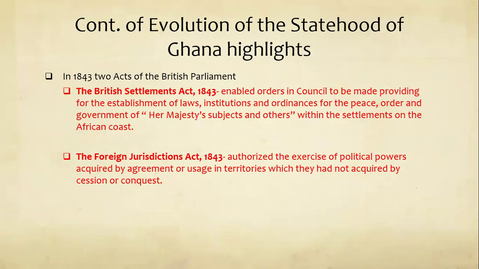But on 7th May 1821, the literature indicates that the merchants, that we call the company, who were running the administration of the forts and castles, their administration was dissolved.